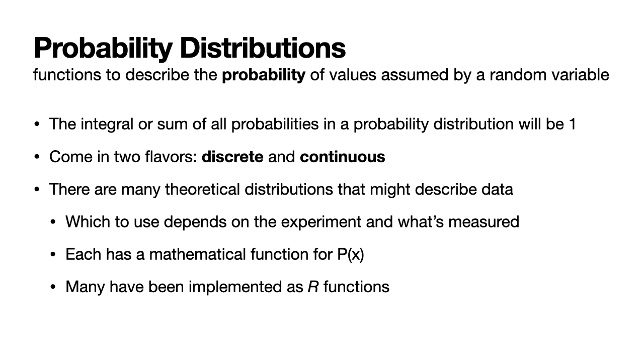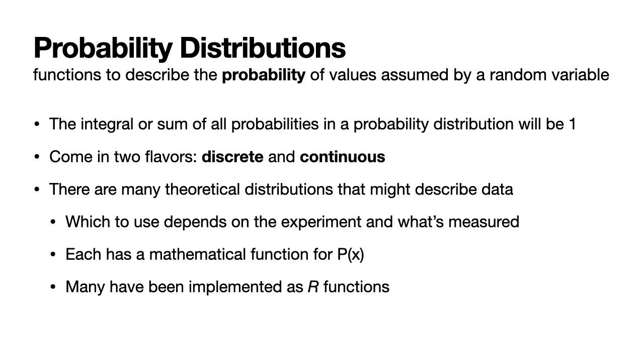So probability distributions are mathematical functions that describe the probability of values assumed by a random variable. As is one of our core probability principles, the sum of probability across all values will equal out to 1, accounting for 100% of the probability. Probability distributions come in two flavors, discrete and continuous, reflecting the sample space of the random variable. There are many theoretical distributions, and we are going to cover a handful of use cases that can also happen to be very common in biology.